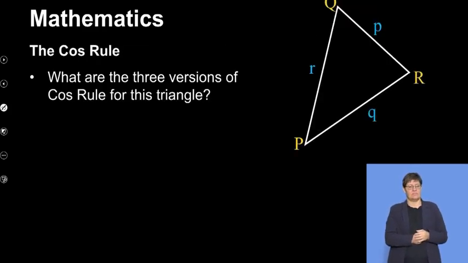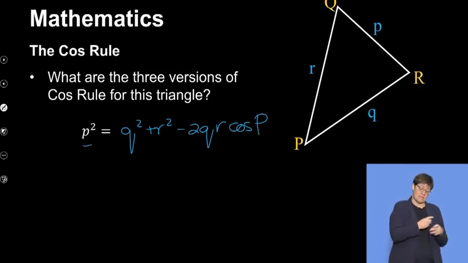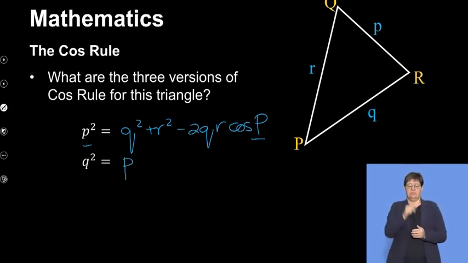Okay, so let's look at this triangle, and what would be the three versions of the cos rule for this triangle? Easy, let's go. P squared will equal q squared plus r squared minus 2qr cos of p. We began with little p, and we ended up with the angle p. The next version will be q squared. So now we're going to start off with the other two sides squared.